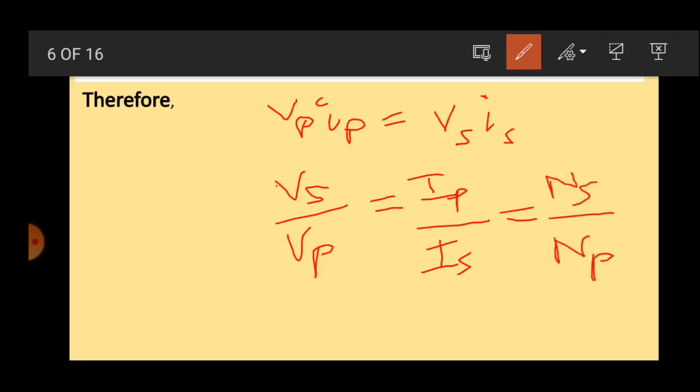Are you clear? This is nothing but K, the ideal transformer. So students, this equation is in terms of the amplitude of the corresponding quantity.